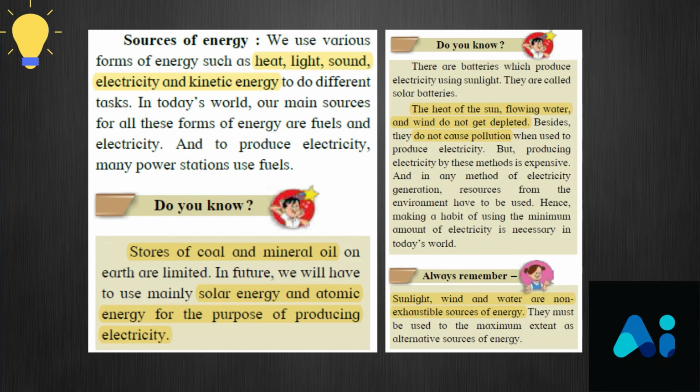And that's why we must use such non-exhaustible sources of energy to the maximum extent as alternative sources of energy. I hope you understand the difference between exhaustible and non-exhaustible sources of energy.